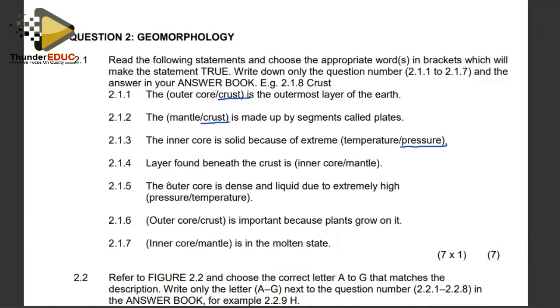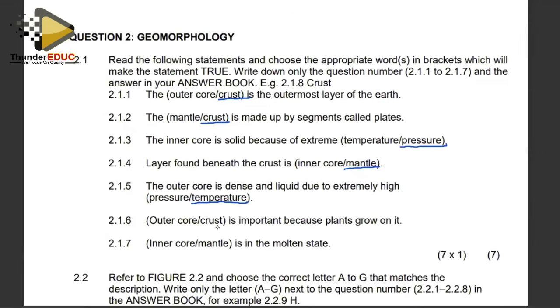The layer found beneath the crust, just beneath the crust we go to the mantle. I think you still remember the earth structure. The outer core is dense and liquid because of extremely high temperatures.